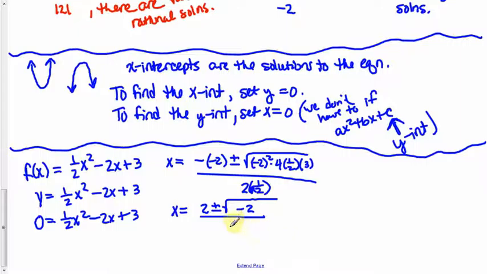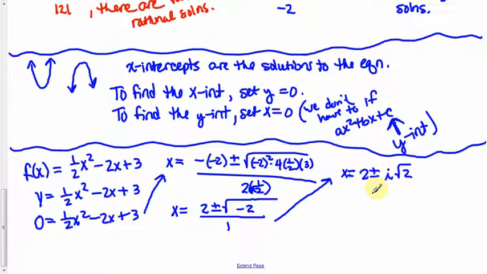And 2 times 1/2 is what? 1, right? So I'm going to move over here. I'm working sideways because I'm running out of room. I want to keep these directions available for us. So I'm going to get x equals 2 plus or minus i root 2.